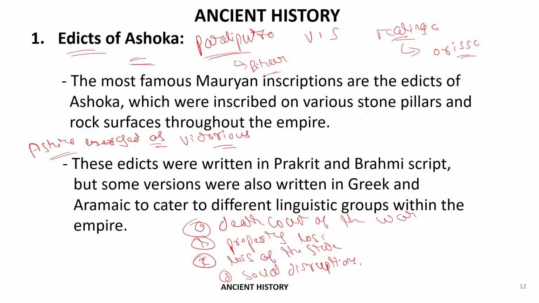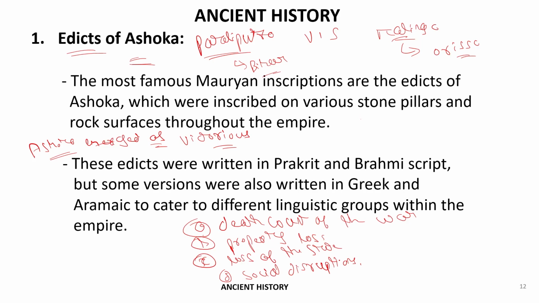Third thing was loss of the state. Because to fight a war requires a huge amount of money. The Ashokan empire had to invest more and more in funding the war, but they got very little in return, because the kingdom they were aspiring to acquire was damaged in this war.